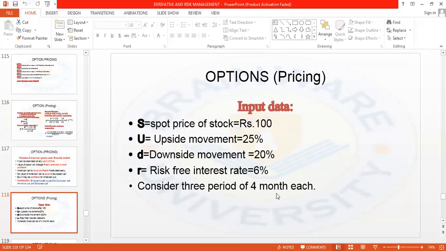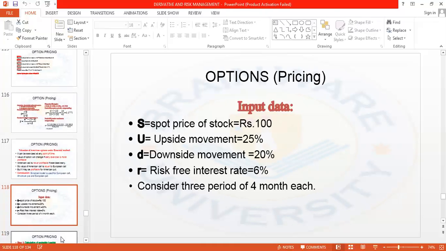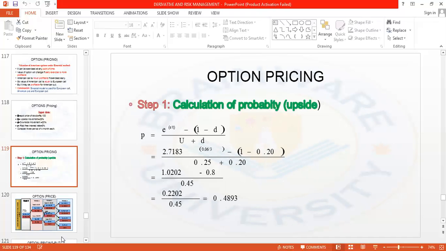So on the basis of that, we will go to the next slide and we will try to develop the model. In step 1, as usual, we have calculated the probability using the same formula, and the e to the power RT becomes 1.0212. From this we have deducted 0.8 and now we have divided it by 0.45. This is the result that we are getting.